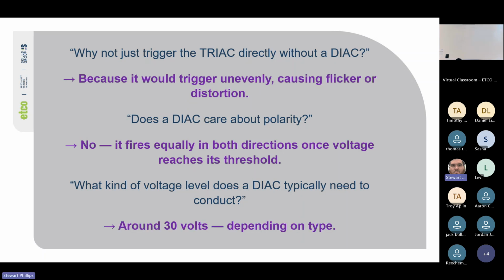Yep. So yeah, around 30 volts, 28 to 32. It depends on the type.